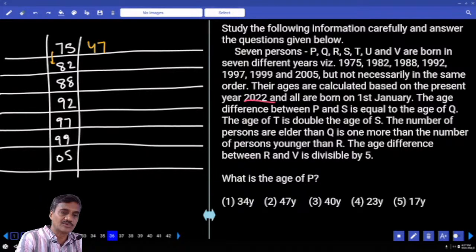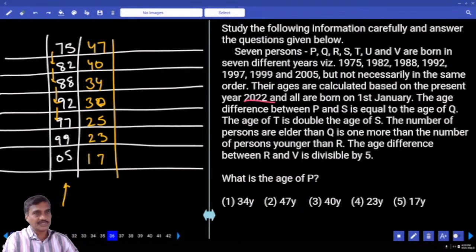Then 75 plus 7 is 82, so 47 minus 7 is 40. Finding ages is easy if these were written in ascending order. 82 plus 6, minus 6, 34. Plus 4, minus 4, 30. Next one, minus 4, 30. Here 92 plus 5, minus 5, 25. Here plus 2, minus 2, 23. Next one plus 6, minus 6, is almost 17 years. Now these are the ages of these persons.